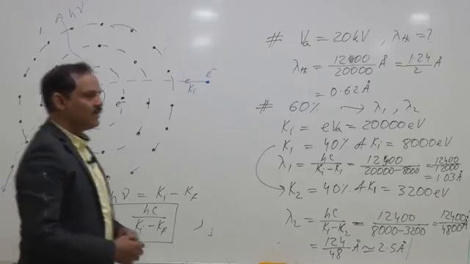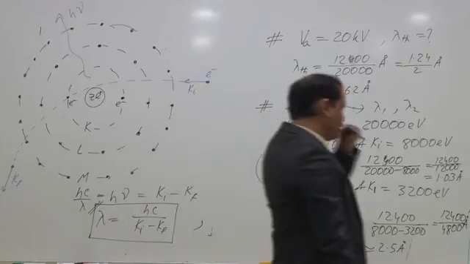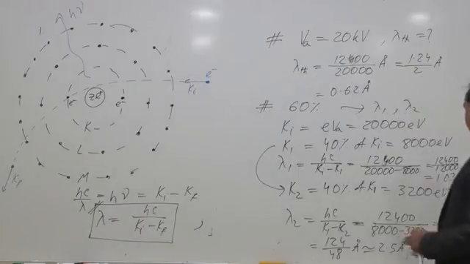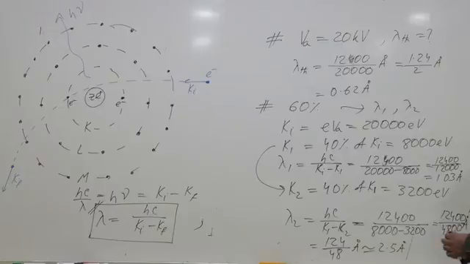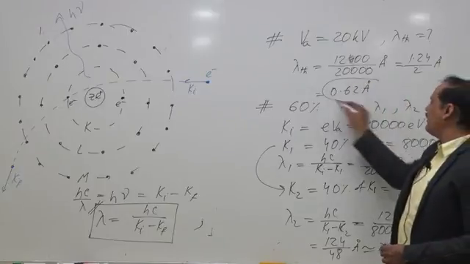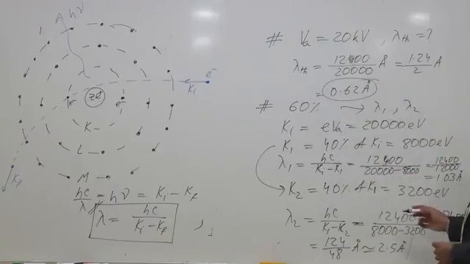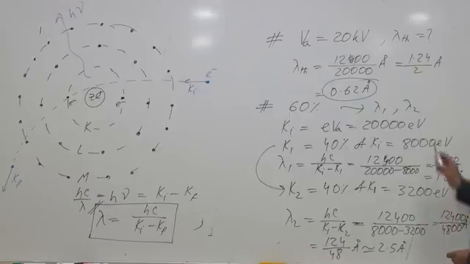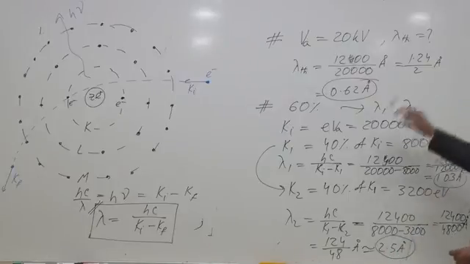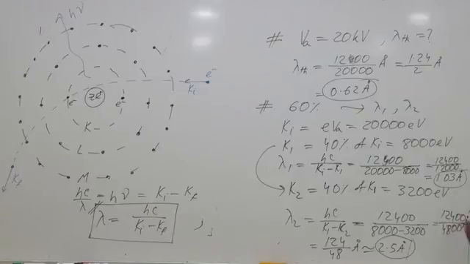In this way, photons of different wavelengths are continuously emitted. The minimum wavelength is the threshold wavelength, and above it all possible wavelengths will be emitted. You can see it is 1.03, 2.5. So as long as the electron has energy, it keeps on emitting photons.